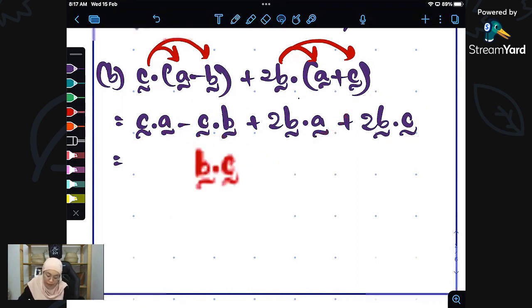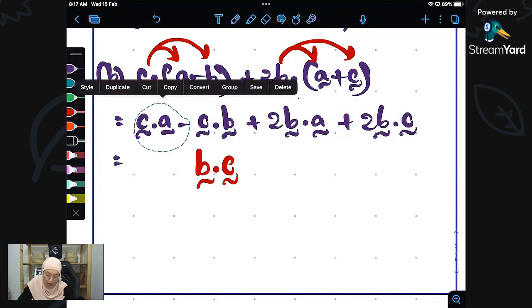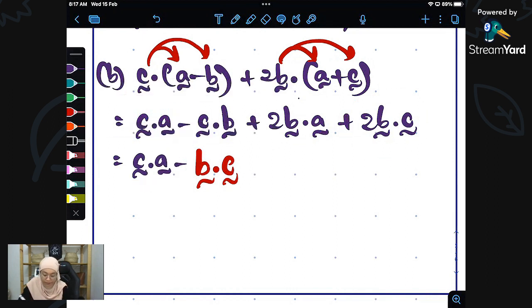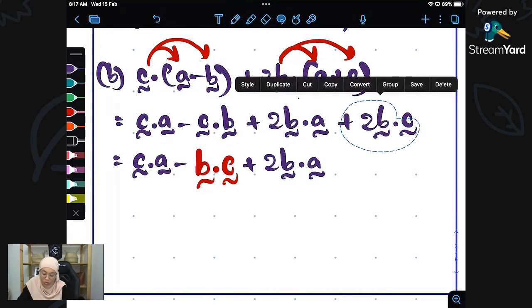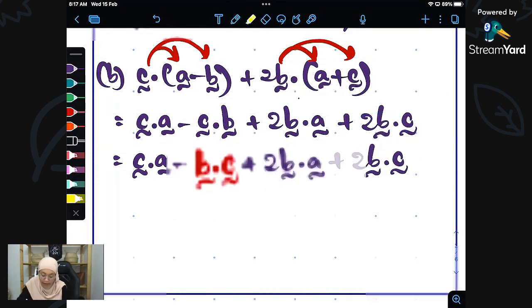Okay, so C dot A ni kekal sama, tak ada apa-apa perubahan pada diri dia. Yang ini pula pun macam tak ada apa-apa perubahan pada diri dia. Sebab dia tak ada partner dia. There is no B, there is no B dot A. No, just that. So what we can do right now here is we just solve anything that we have the similar thing, which is B dot C. And so we can start to solve it.